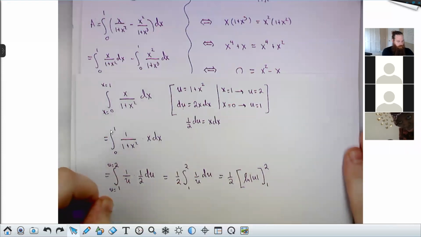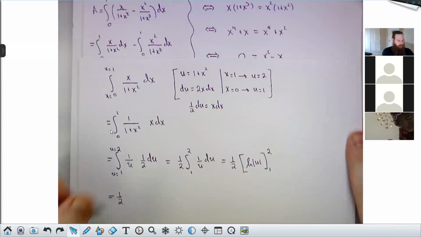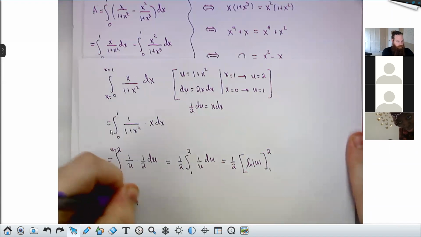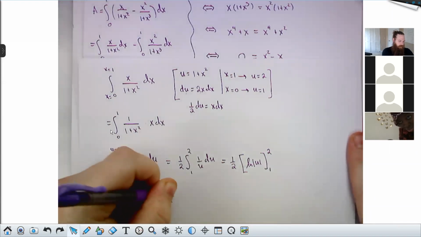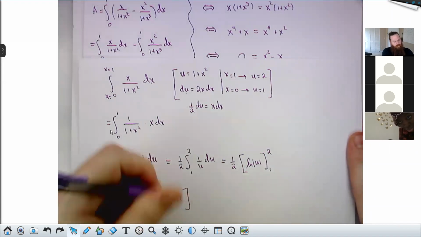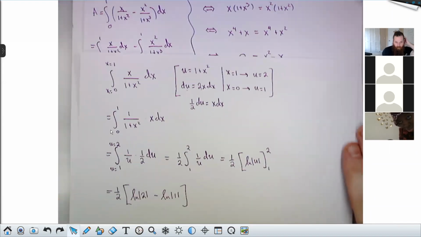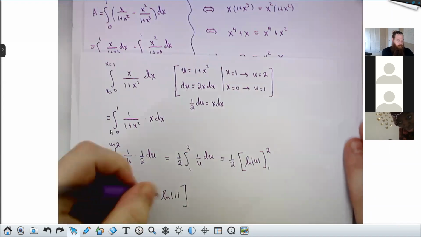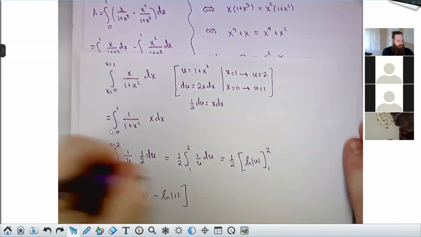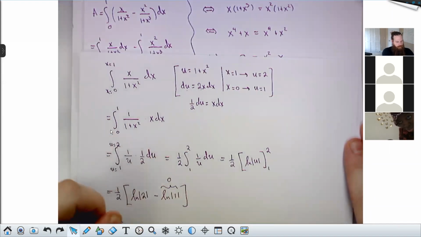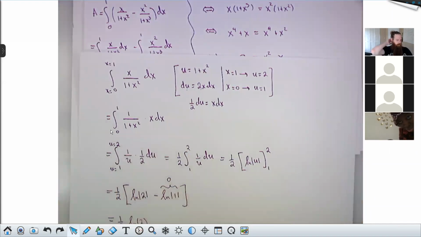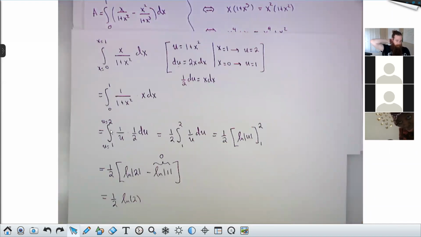So finally here, this would be 1/2 times the natural log absolute value of 2 minus natural log absolute value of 1. The natural log of the absolute value of 1 is 0. Absolute value of 1 is 1. So this piece is 0. So I get 1/2 natural log of 2 because the absolute value of 2 is 2. So that's the first guy.